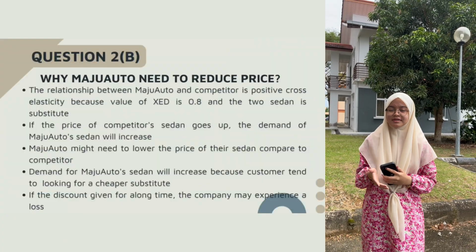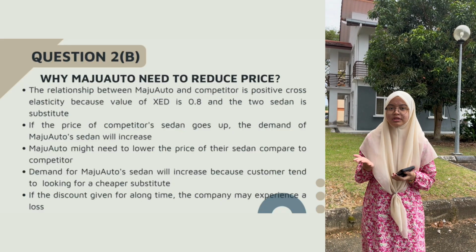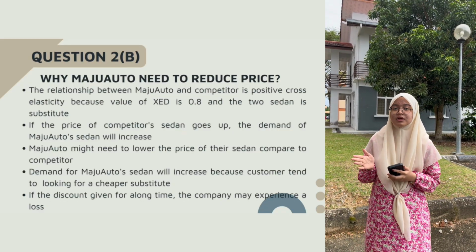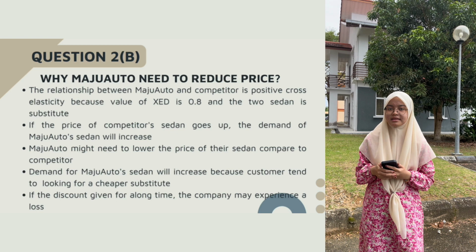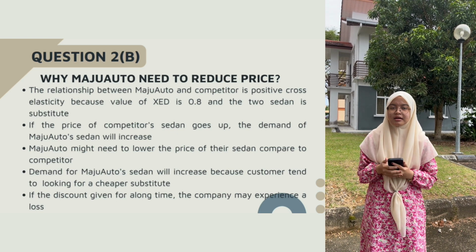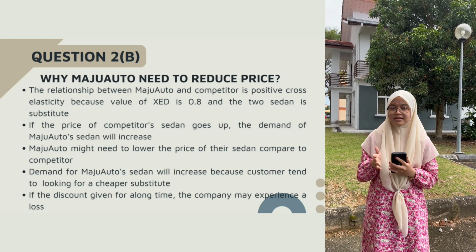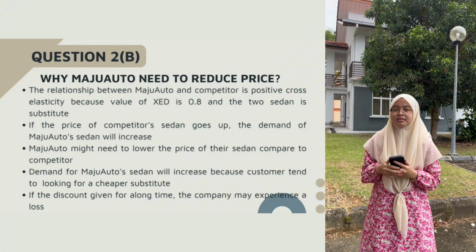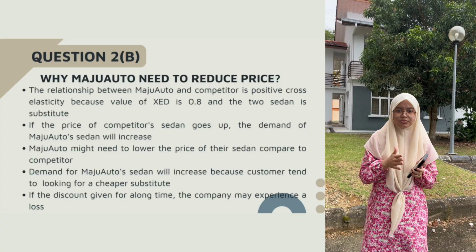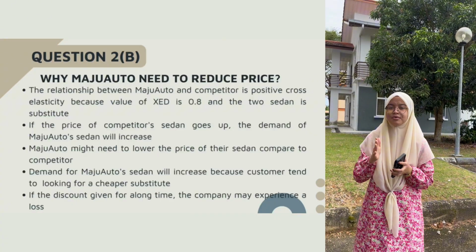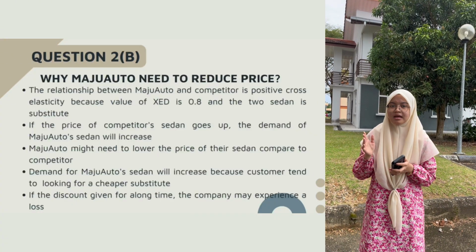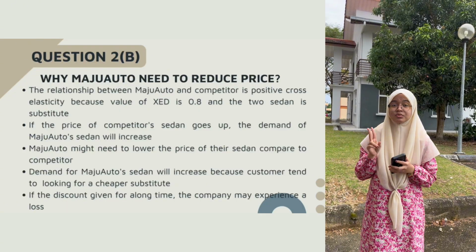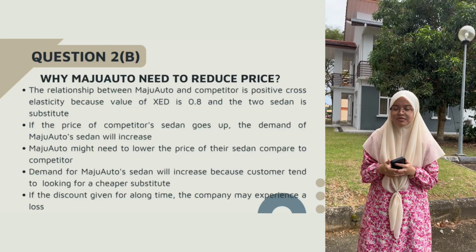Next, for question B, why does Majus Auto need to reduce their price? From the data, we know that the value of XED is 0.8. So the value of XED indicates that the relationship between Majus Auto and the competitor company is positive cross elasticity, and it also indicates that the two goods are substitutes.